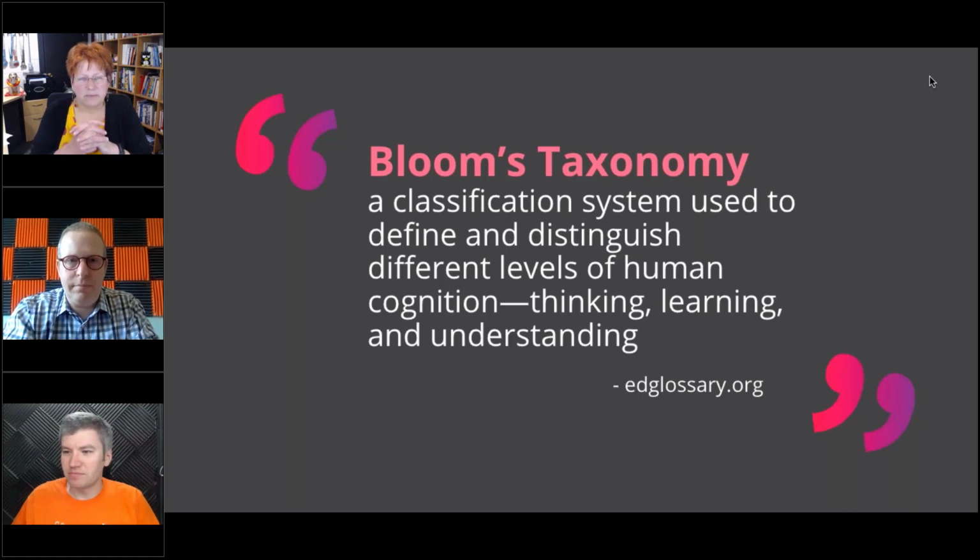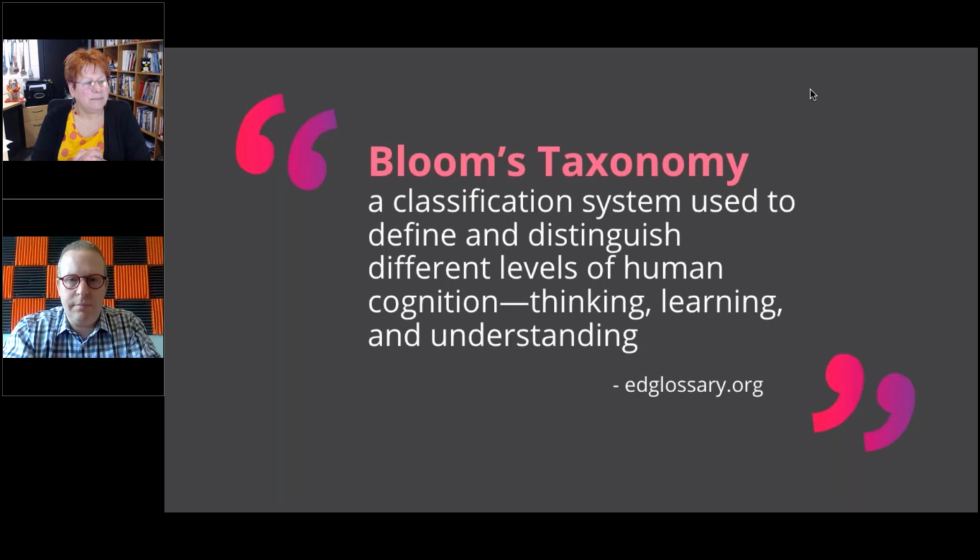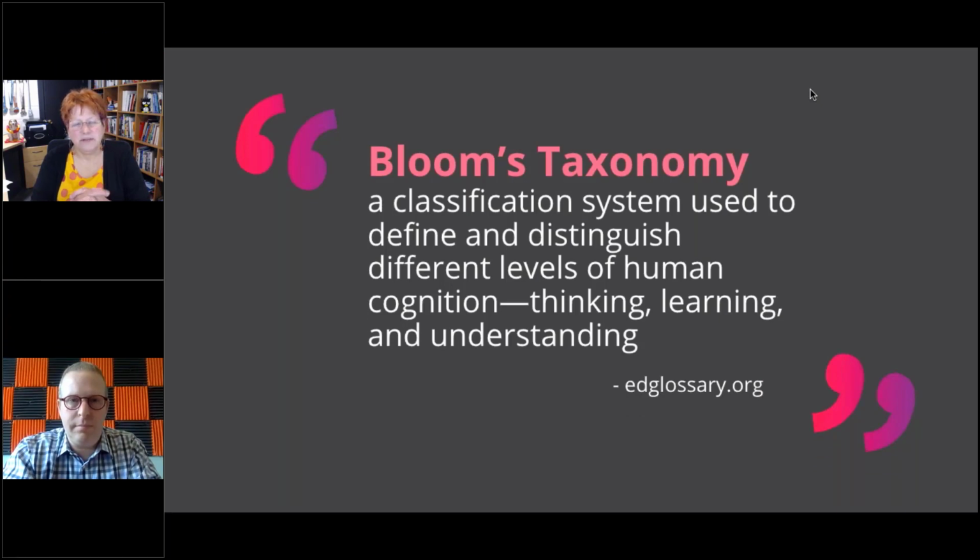We won't belabor it because there's a lot of opportunities, and I'll have a link on the next slide. We can make sure to get it to you in the follow-up as well, where you can really dig in. But Bloom's taxonomy is, when you're writing learning objectives, we look at this a lot of times. It's a classification or a reference to help us figure out what our goals are for the learning that we're going to be giving.